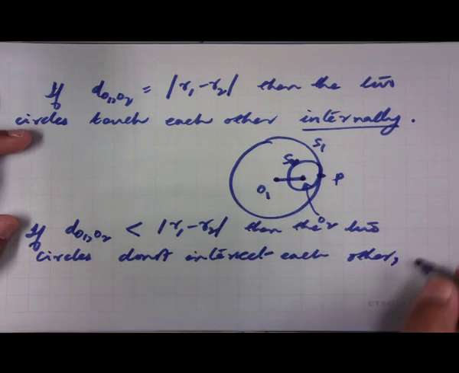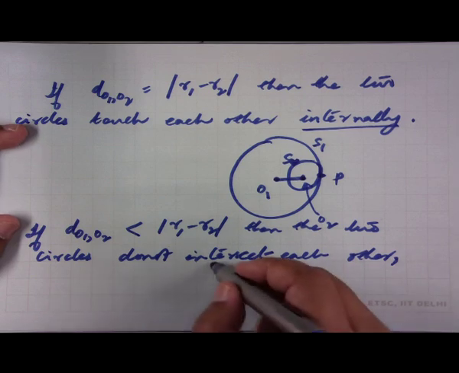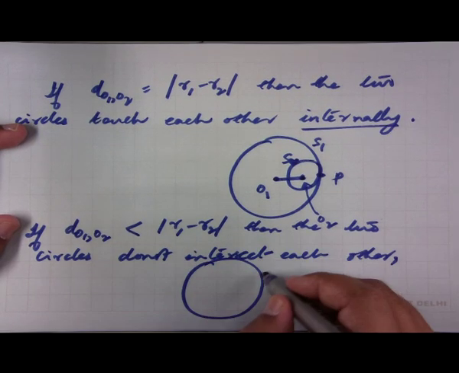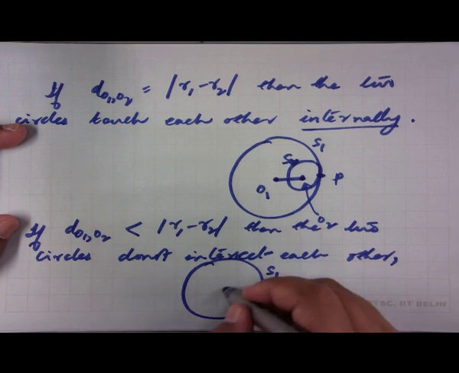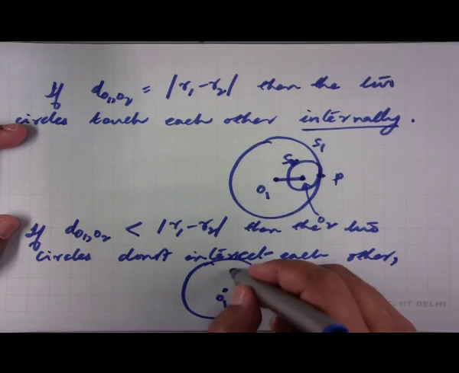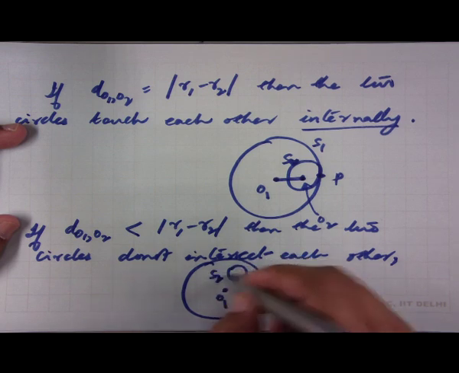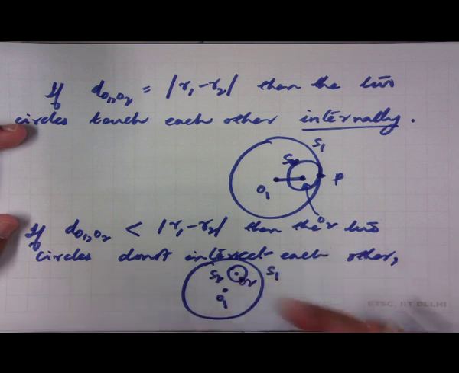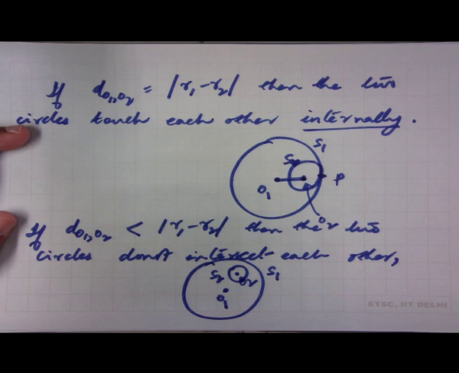So, we have a situation like this where we have circle S1 with center O1 here, and then we have this circle S2 with center O2. These two circles do not intersect, and one of the circles, S2, is completely inside the other circle S1.